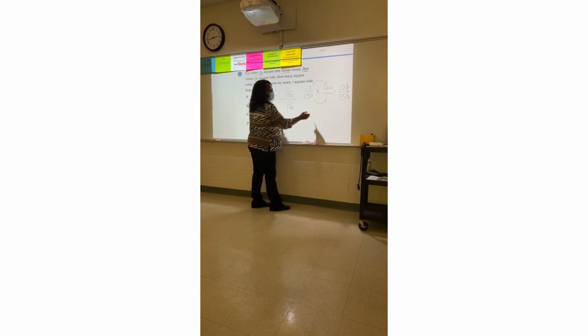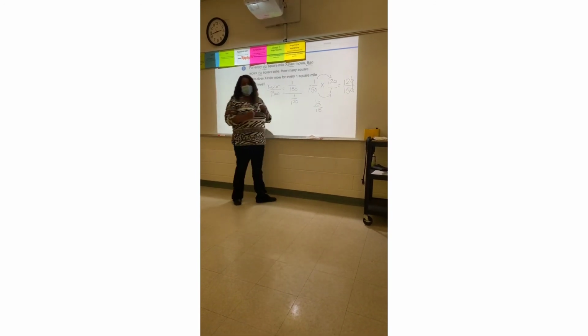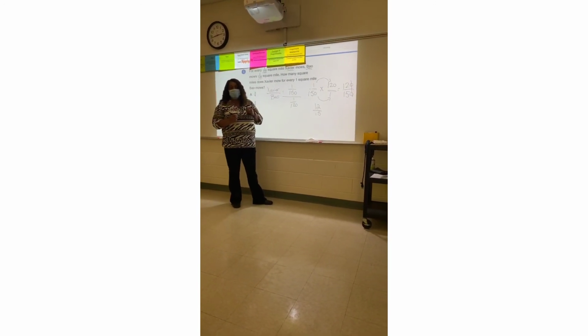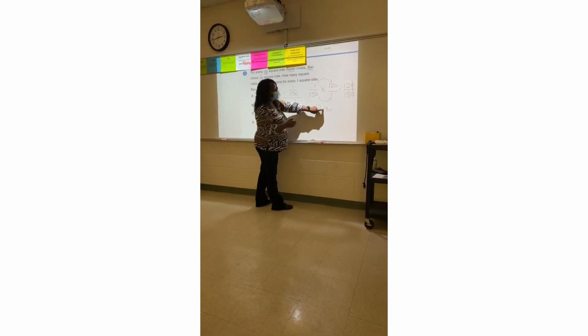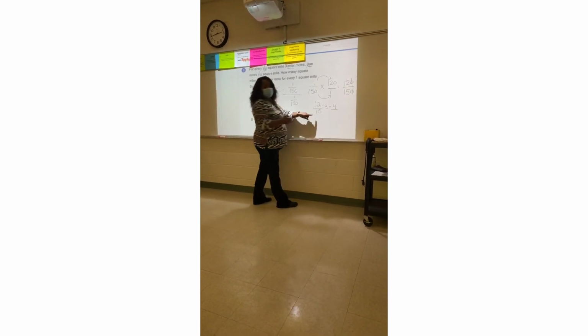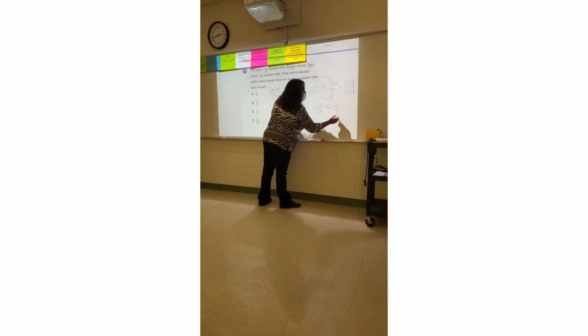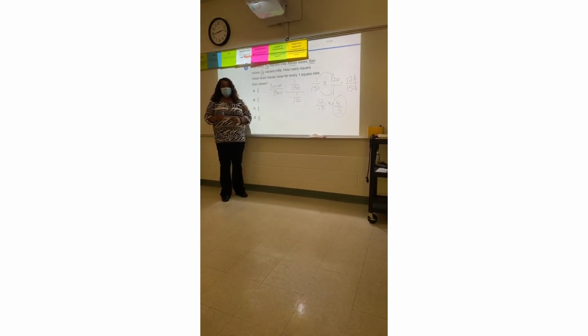Get rid of the zeros. Now we have 12 over 15. What number can I divide both of these by evenly? 3. Divide top and bottom by 3, and 12 divided by 3 is 4. 15 divided by 3 is 5. Nolan, you said 4/5? I said that too. Good job.